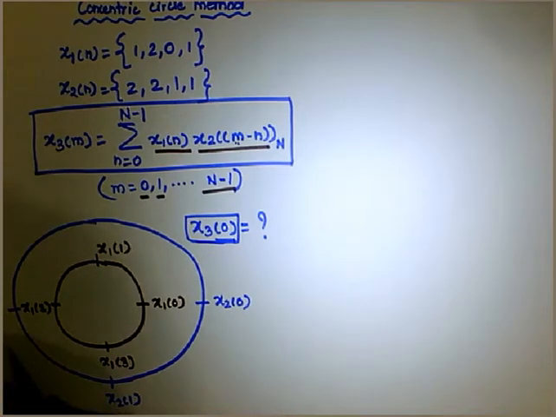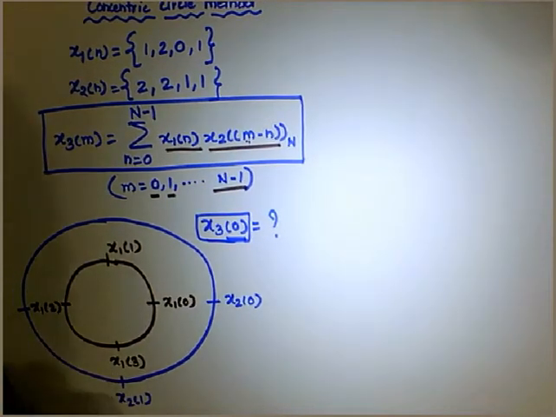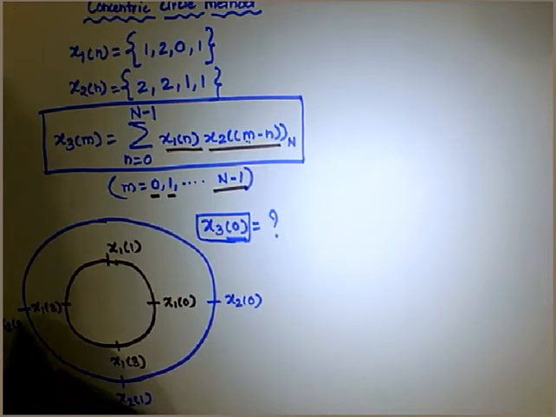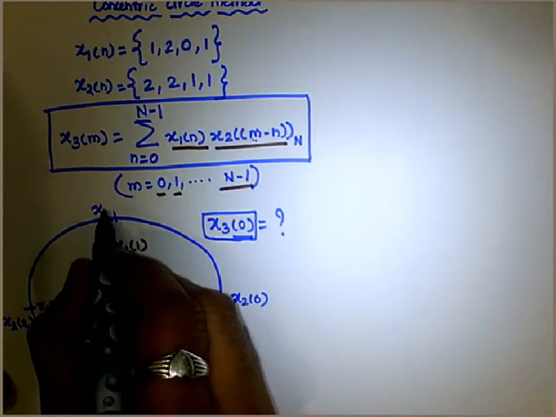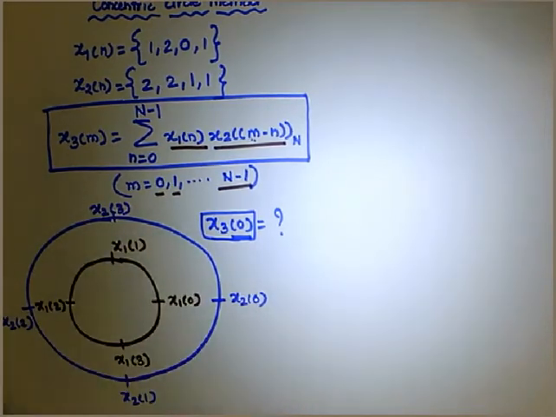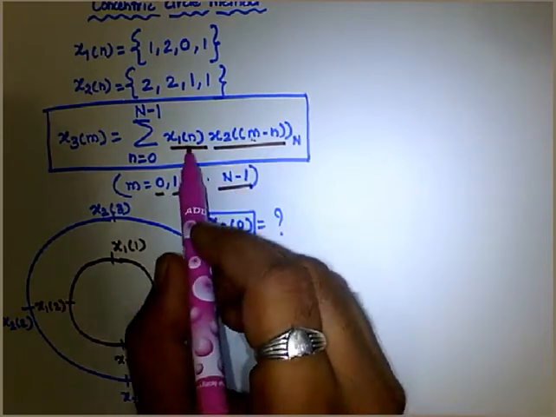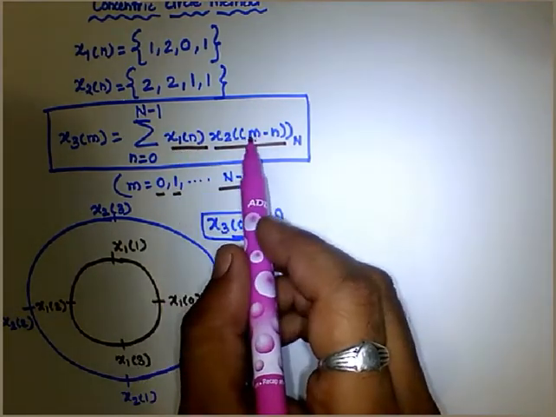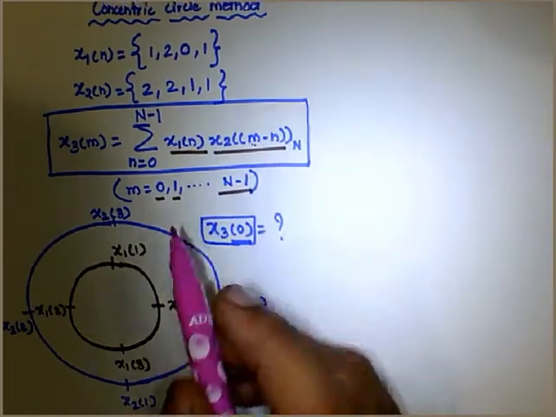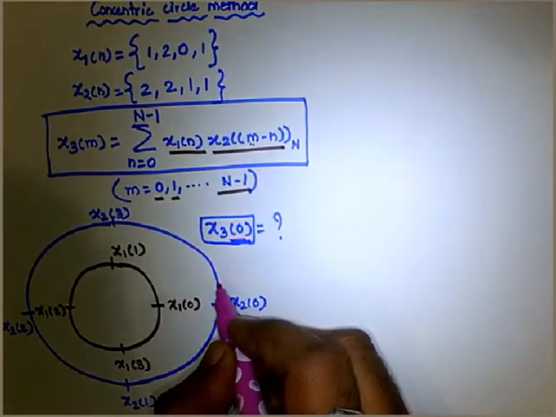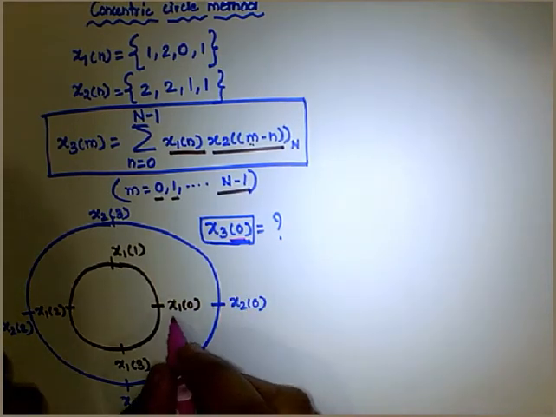Here it is x1 of 2, along with that we will have x2 of 2, and here it will be x2 of 3. So this is how we have written the folded sequence. Now we are going to calculate with respect to the formula, that is x1 of n multiplied by x2 of m minus n, but right now it is x2 of minus n for the x3 of 0 case.